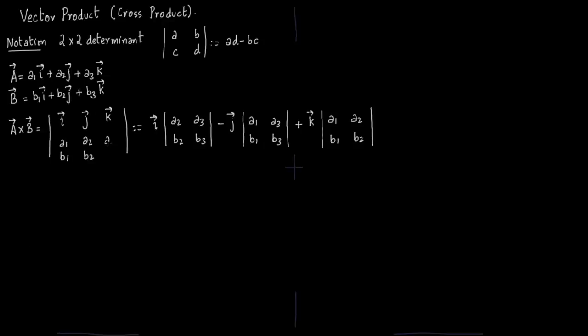Now this will be more clear in an example. Let us take A vector as i vector plus 2j vector plus 3k vector, and B vector which is given as 2i vector plus j vector.